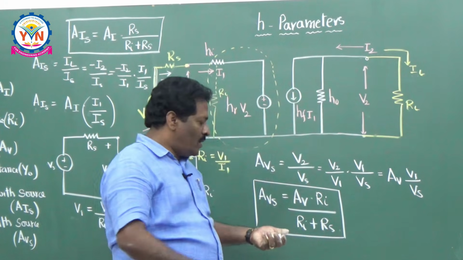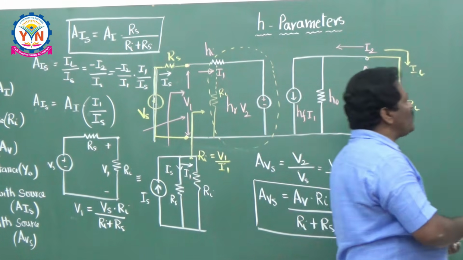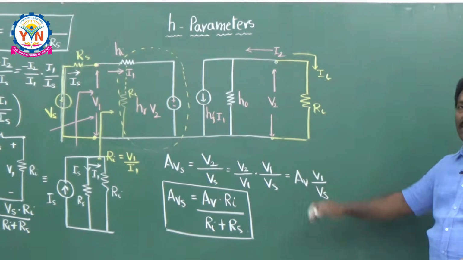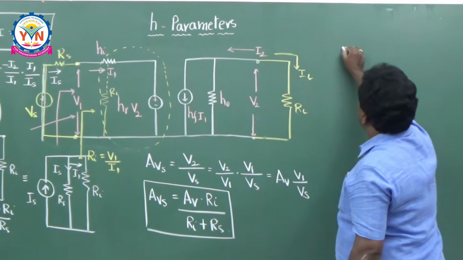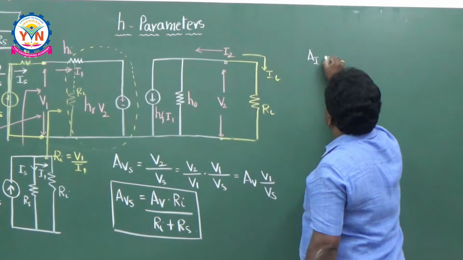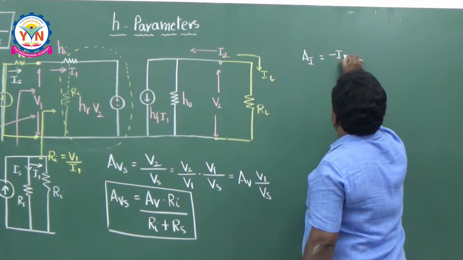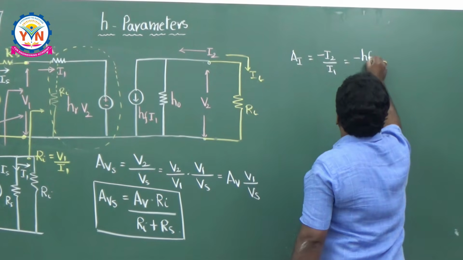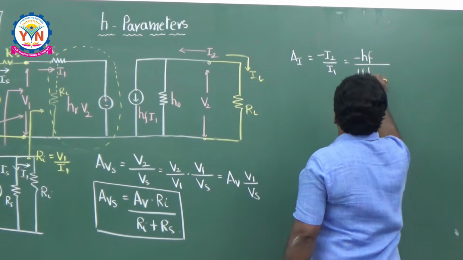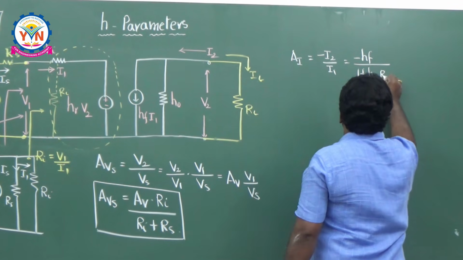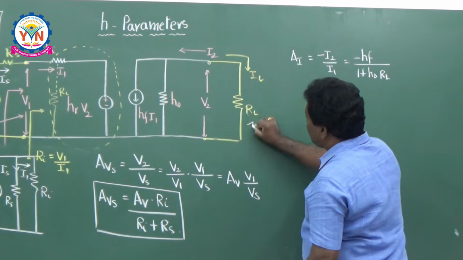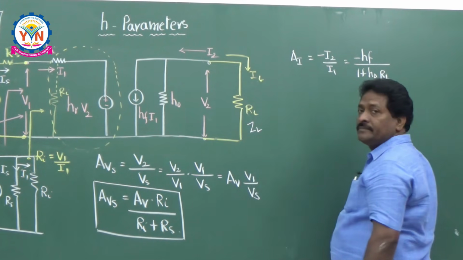Now for ready reference, I would like to summarize all these equations, which are very useful for all these configurations. The current gain AI is equal to minus I2 by I1, equal to minus HF by 1 plus HO into RL or ZL, whatever it may be. In the place of RL, you can take ZL also, impedance.